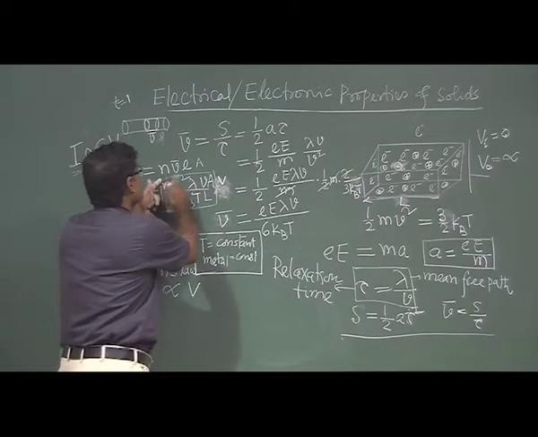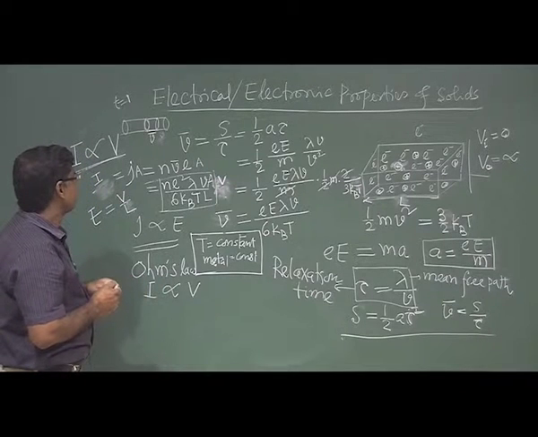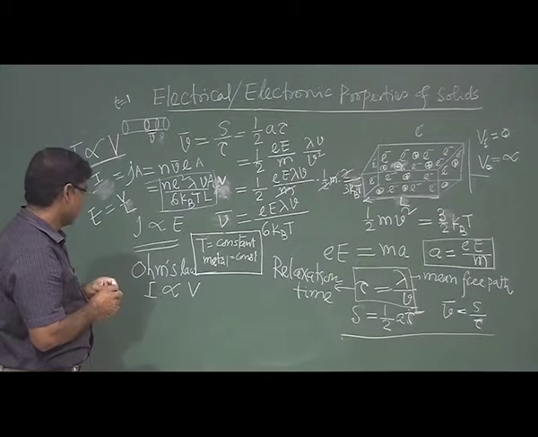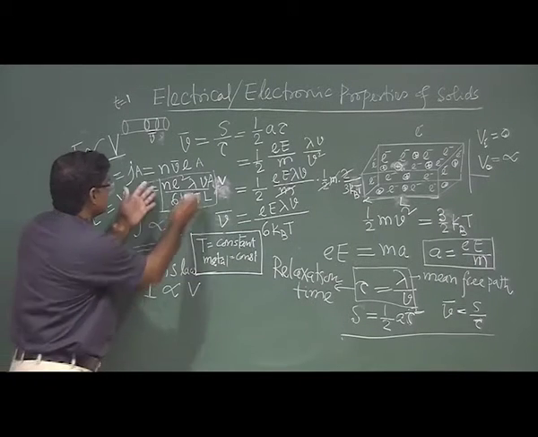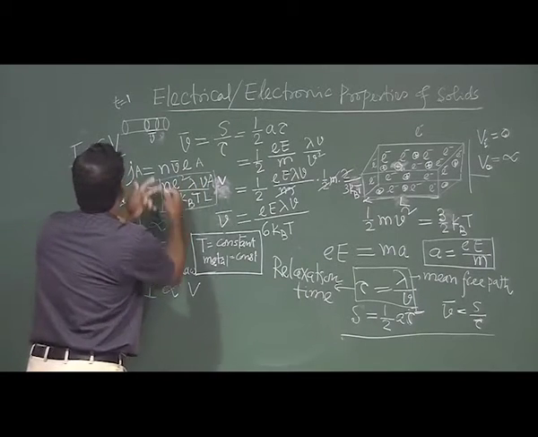This will be the proportionality constant, and it will be 1 by R, right.